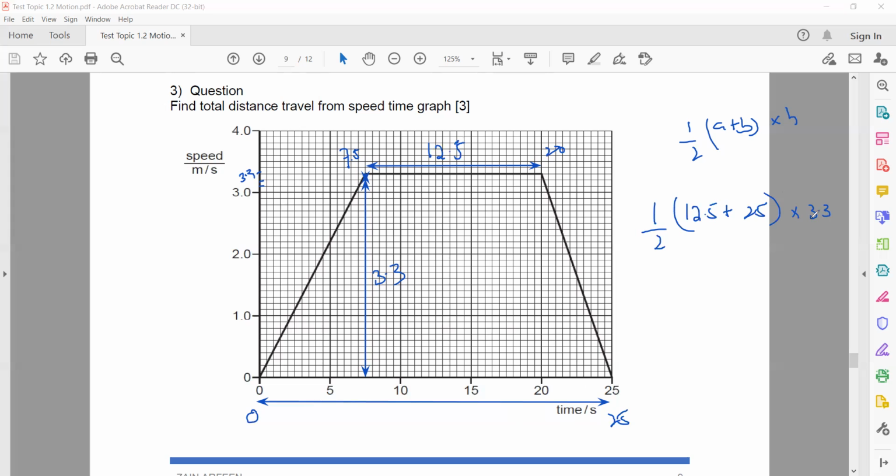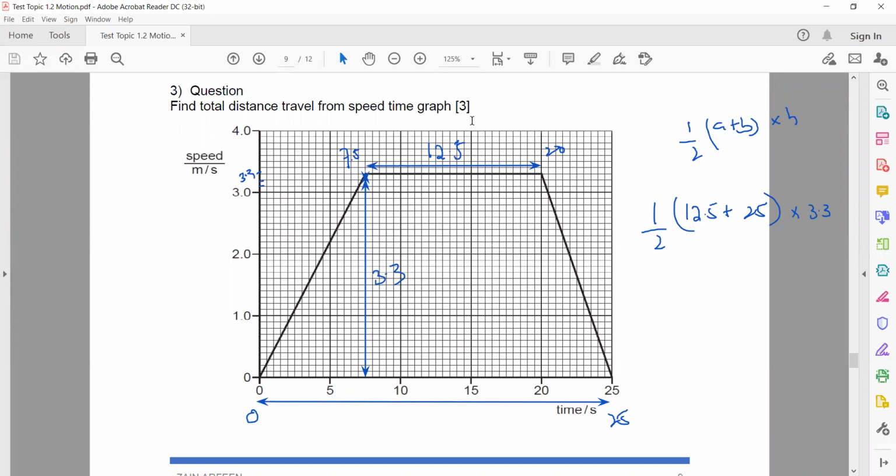So it will be 12.5 plus 25, divided by 2, and then multiplied by 3.3. So it is 61.8, that's right.